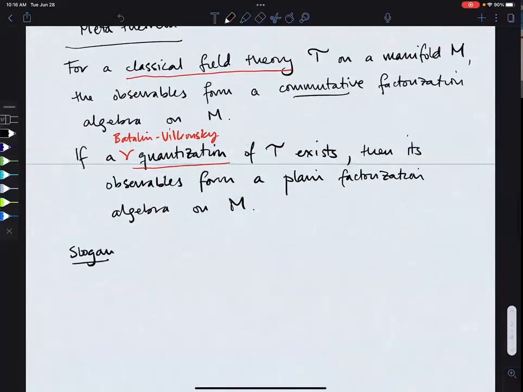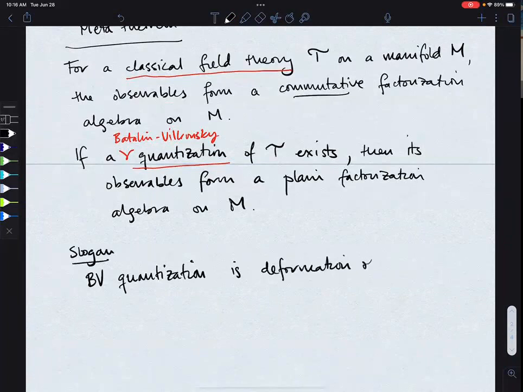So the slogan is that BV quantization, I'm going to say BV instead of Batalin-Vilkovisky, is deformation quantization, if you want, of factorization algebras.